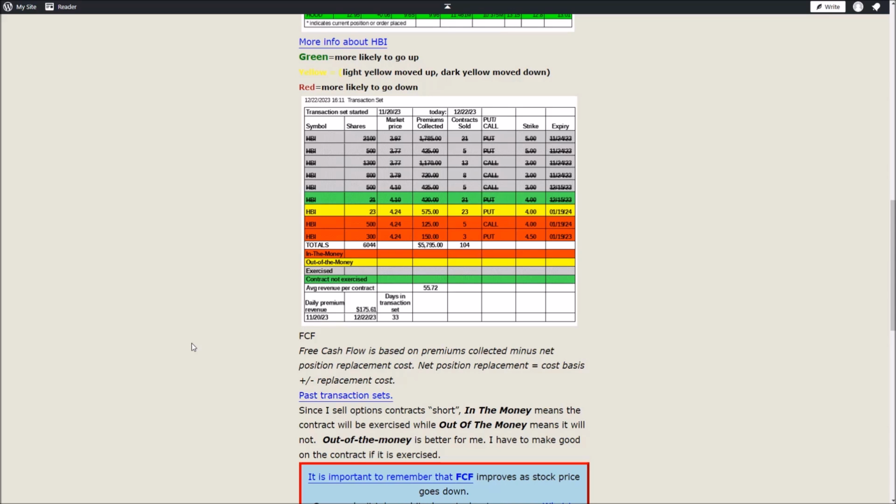If I were just doing individual trades, it's easy to figure your profit or loss, but this is an ongoing stream. So the best way to define it is on a free cash flow basis. And as you can see from the formula here, free cash flow is the premiums minus the net position replacement cost.